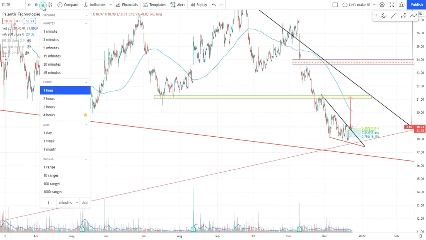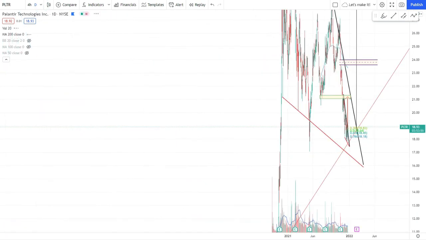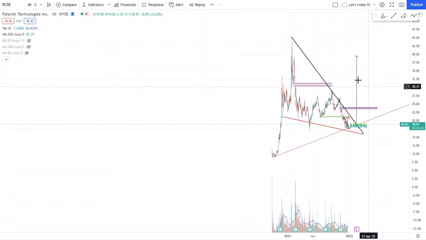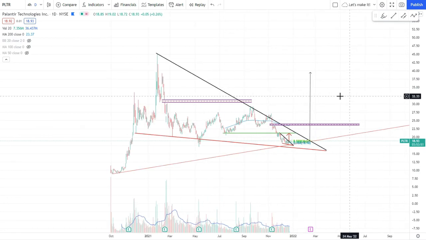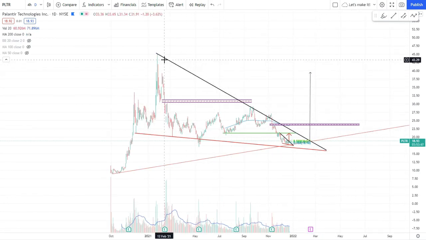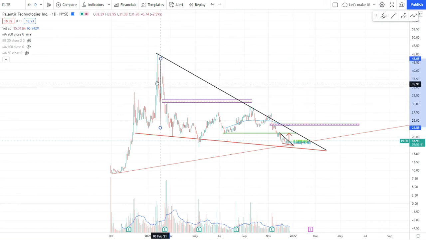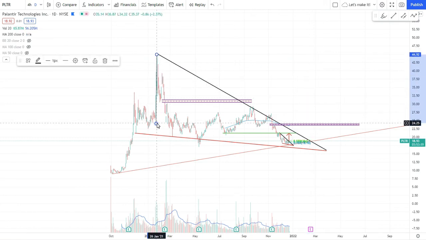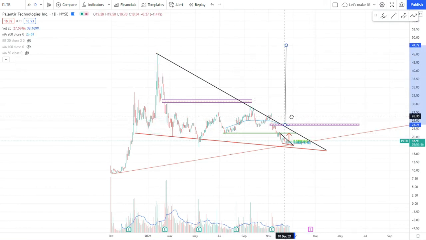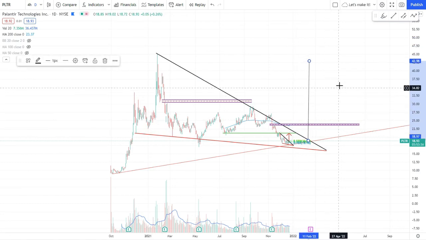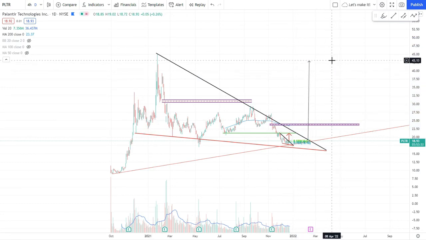Then in the long run, and we're talking about months and probably even more, I would expect the price to break this black downtrend line and extend this movement towards at least the all-time highs at the $43-45 level.